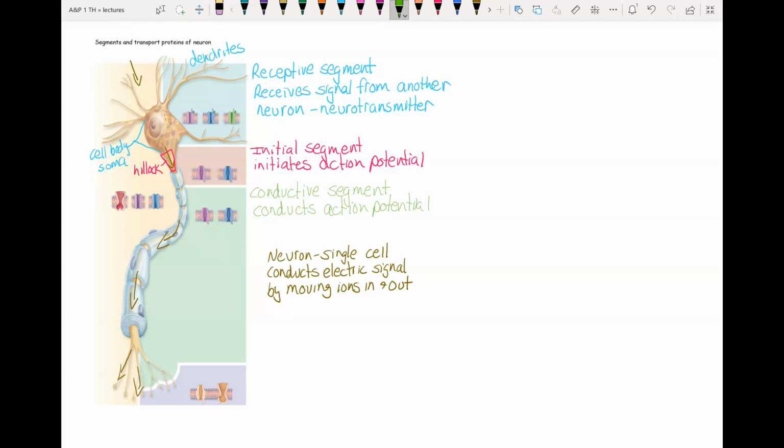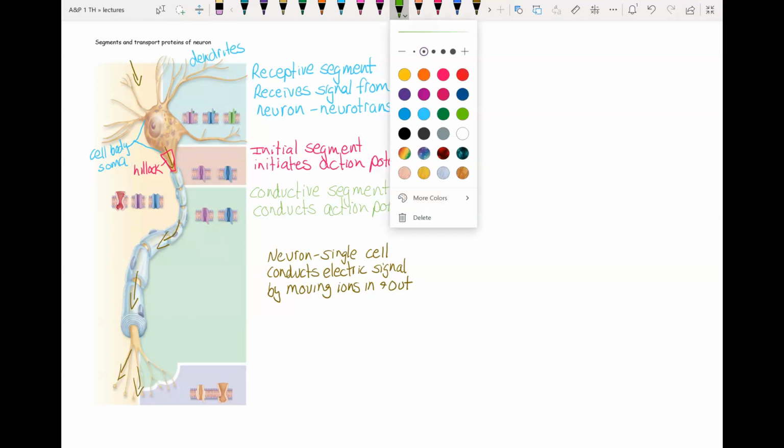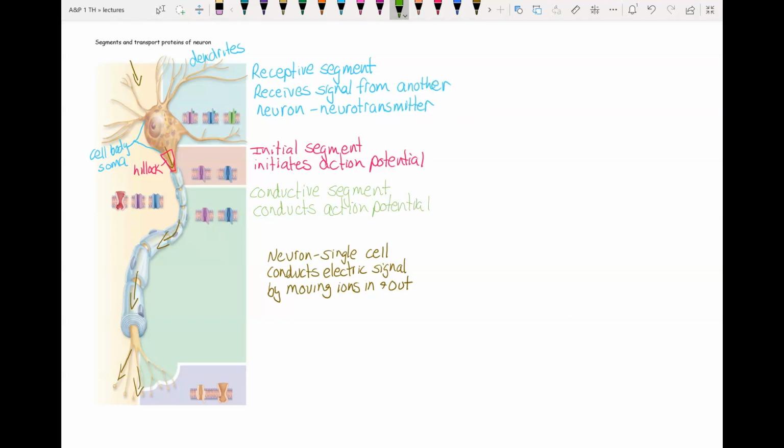And the conductive segment can be very long. The longest one would be in your sciatic nerve that goes from your lower back through your hips, down your leg, all the way to your foot.